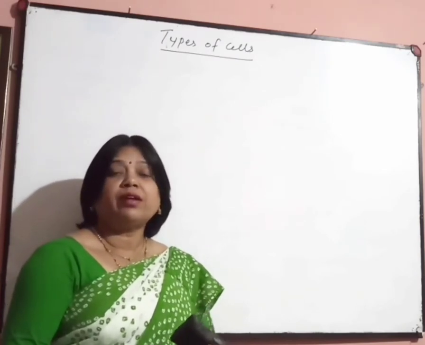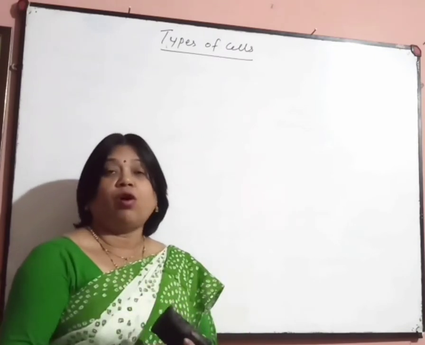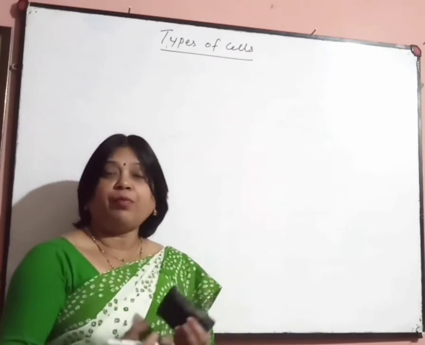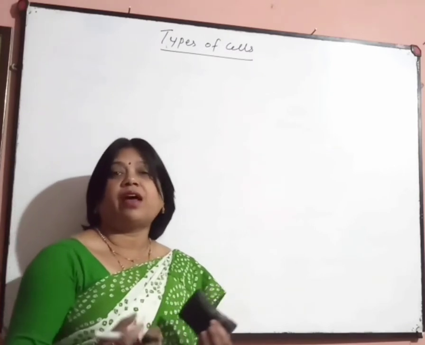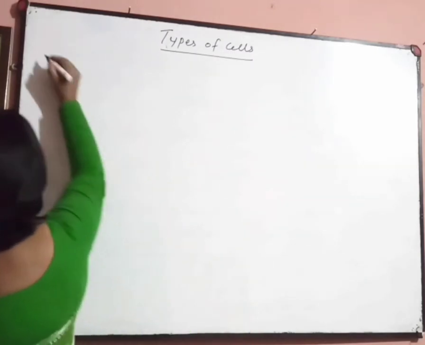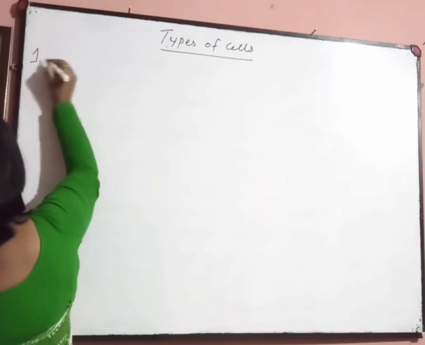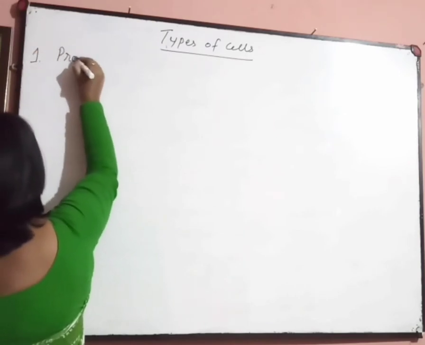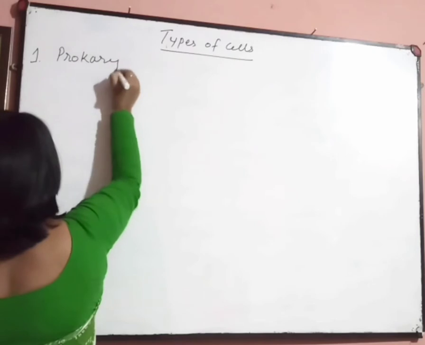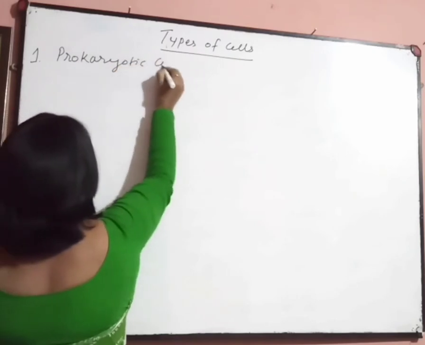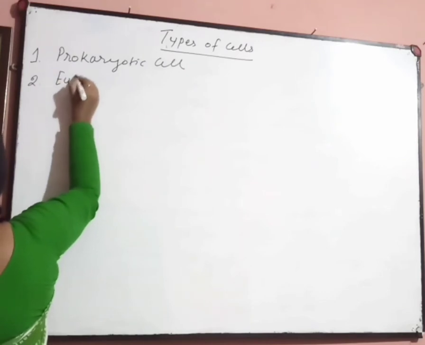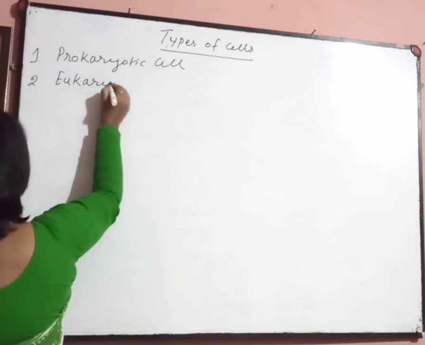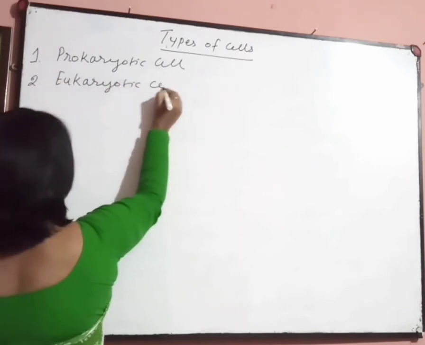That means on the basis of different type of nucleus, the cells are of two types. First is prokaryotic cell and second is eukaryotic cell.